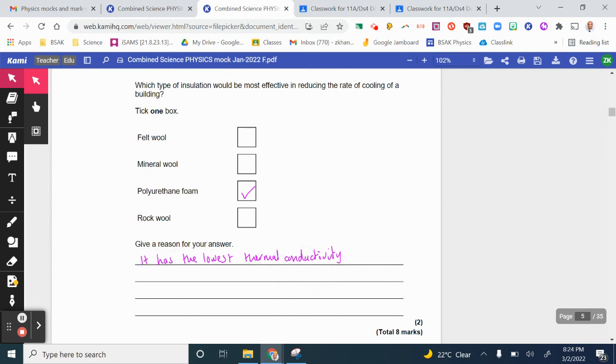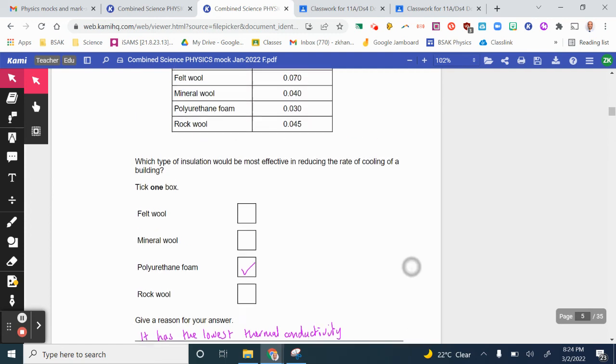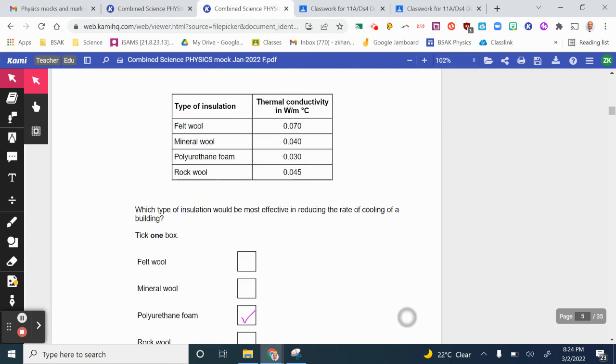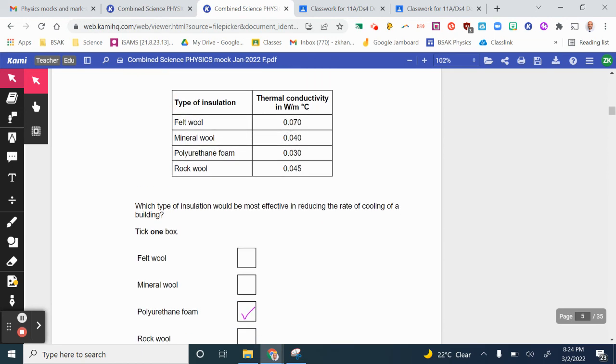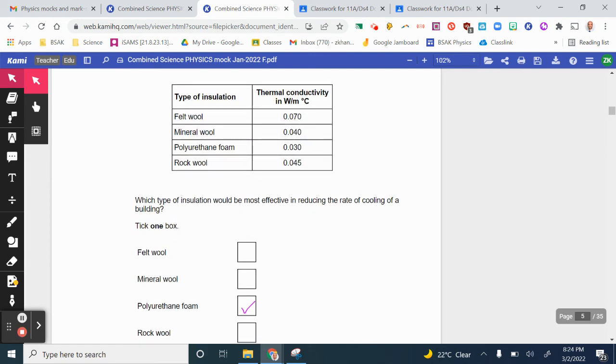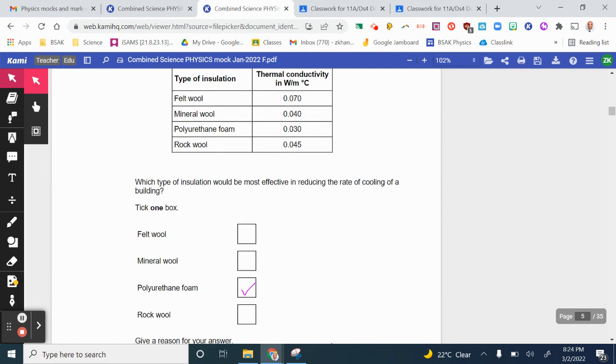Give your reason: less heat loss, because that value is the lowest thermal conductivity. Now, if we chose felt wood, that would mean that more heat is lost per meter per degree, which is the direct opposite of what we're trying to look for.